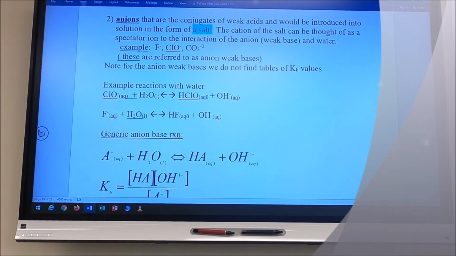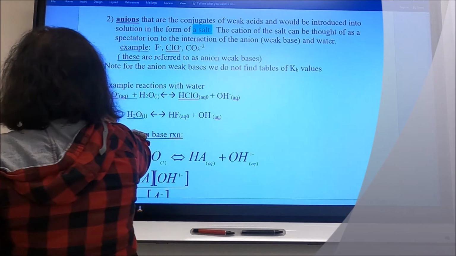Before we do any of those, though, I want to talk about the anion weak bases. These are conjugates of weak acids and would be introduced into solution in the form of some kind of salt. The cation of the salt can be thought of as a spectator ion for the interaction of the anion, the weak base, with water. Fluoride ion, ClO minus, the carbonate ion, the nitrite ion, for example.